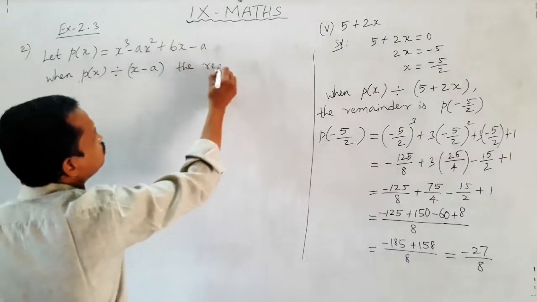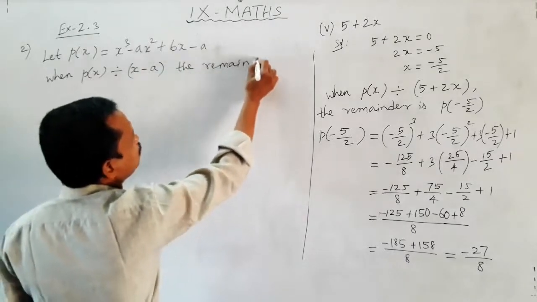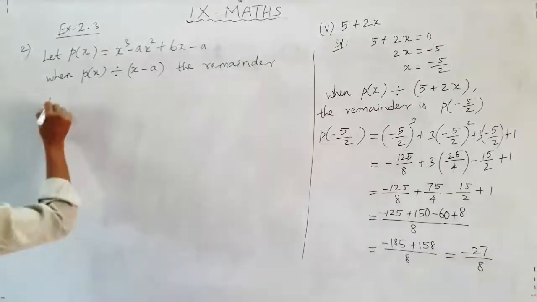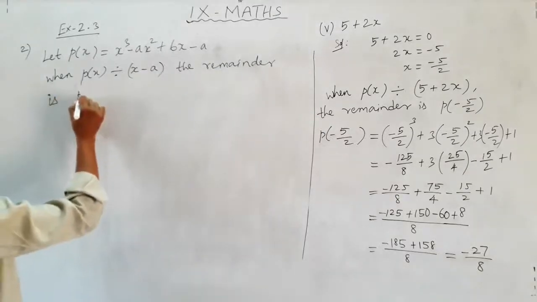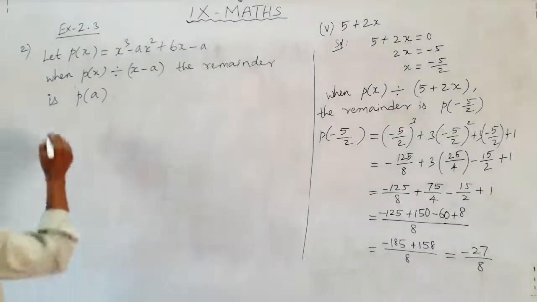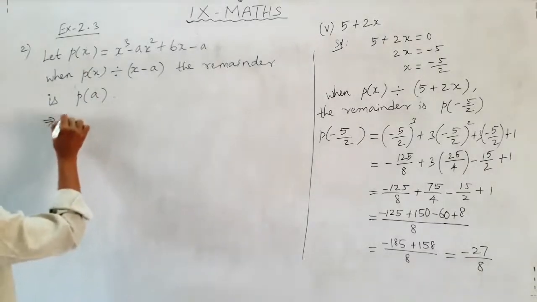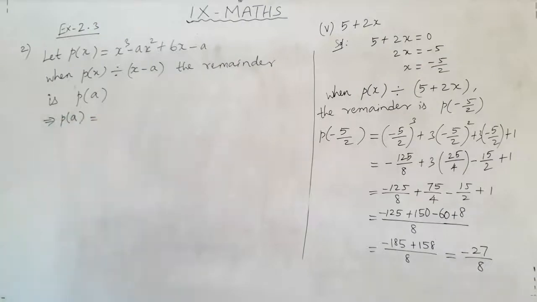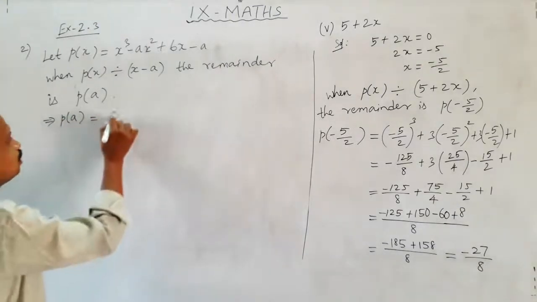The remainder is, what is the remainder? P of a, that we know. This implies P of a equal to, just substitute a instead of x. What happens?